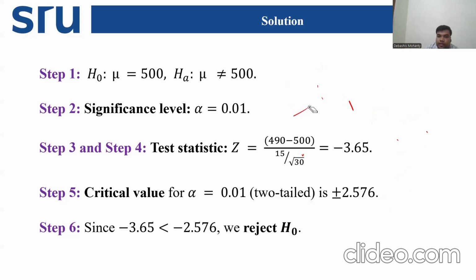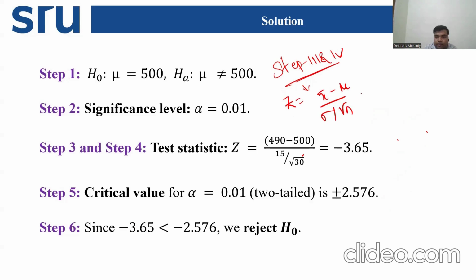Let us see here. Stepwise we have to write, otherwise it's very difficult to understand. So in steps 3 and 4, you have to test the statistic using the formula x bar minus mu divided by sigma divided by square root of n. So x bar is 490, mu is 500, sigma is 15 and n is 30.